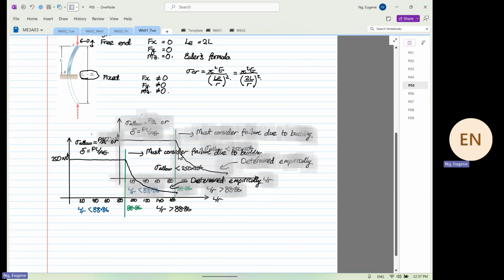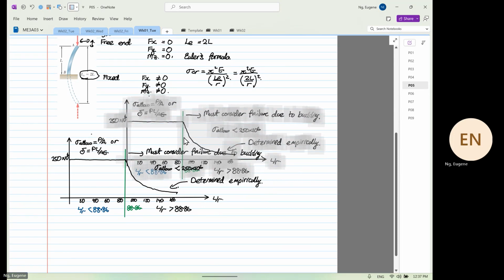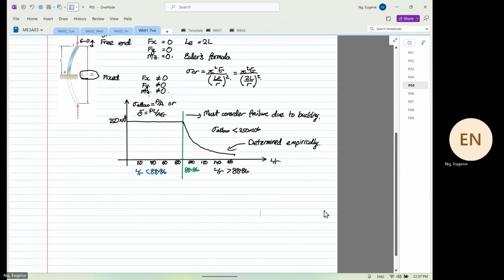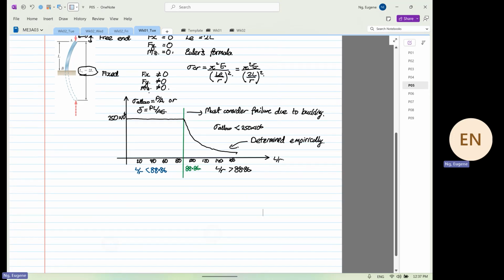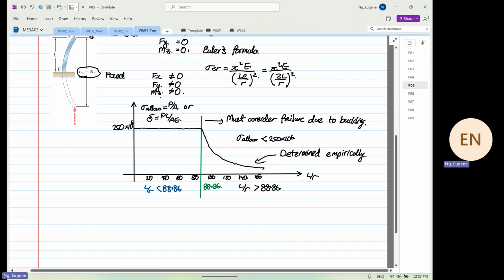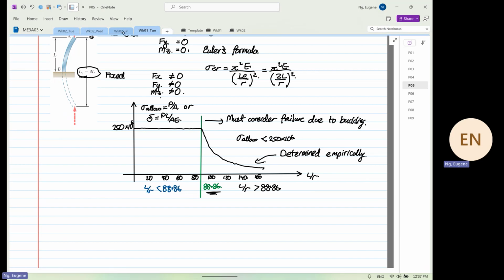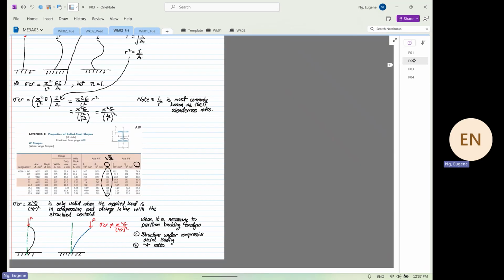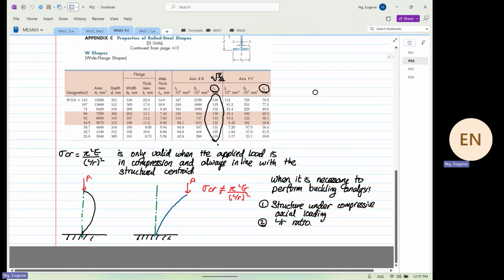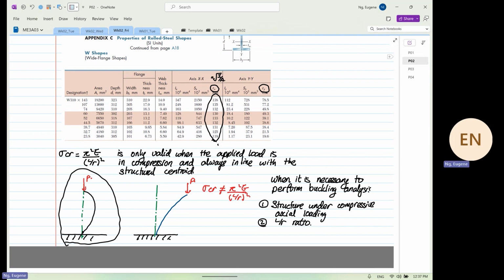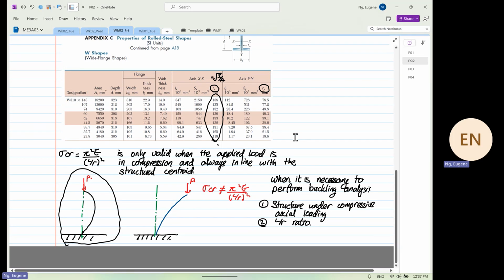Just to quickly recap what this chart does, we calculated a value of L over R of 88.86. 88.86 occurs when we have a structure looking like this, when our structure cannot move left or right. Okay, so I'll show the deformation pattern. So this is our deformation pattern.